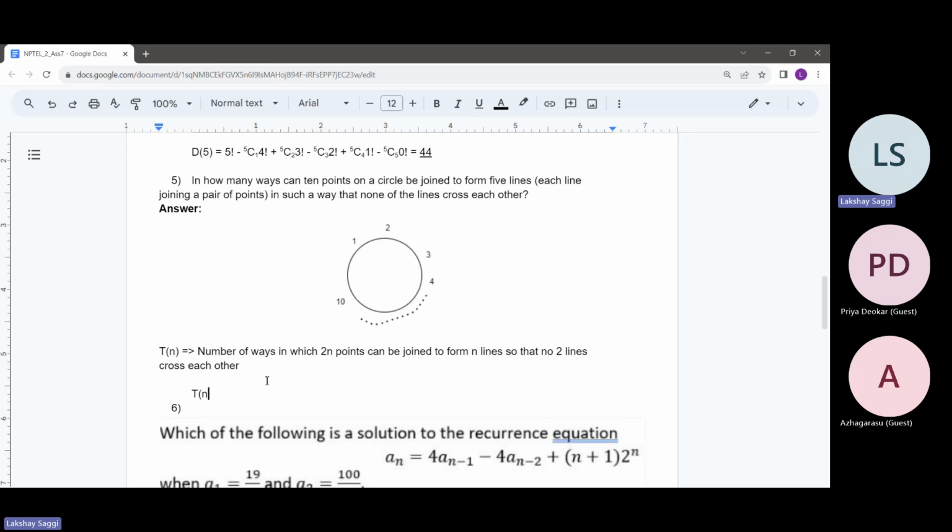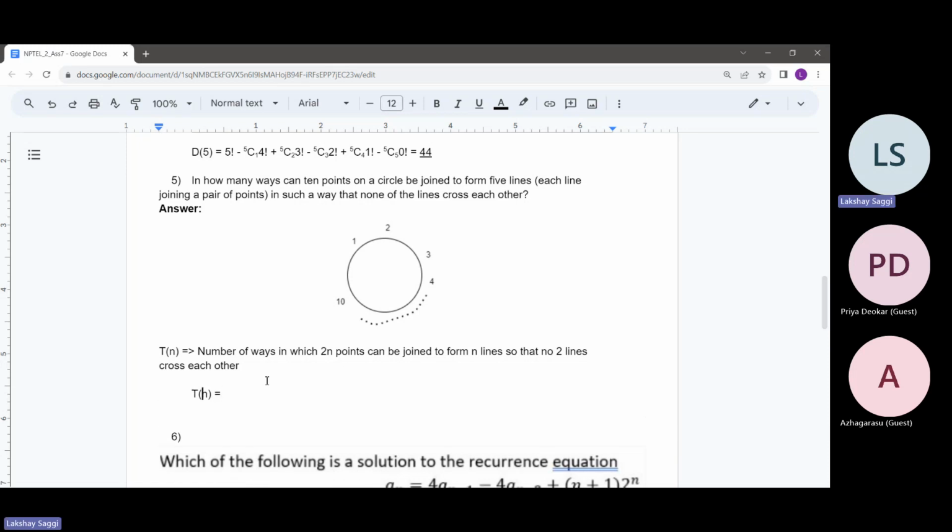I'm writing a recursive relation for Tn. So Tn can be written as, this point 1 can be paired up with point 2, with point 3, point 4, up to, let's say here n is 10. So it can be paired up with point 10. So let's just take the case first of all where it is paired up with point 2.